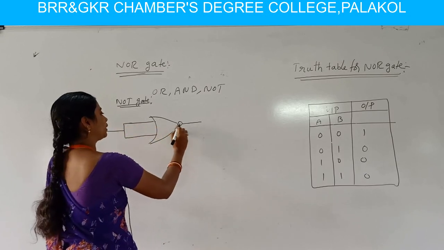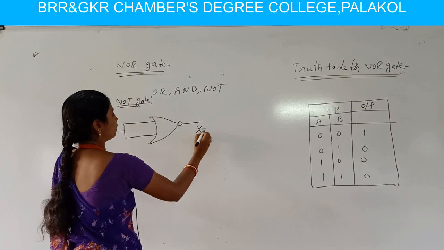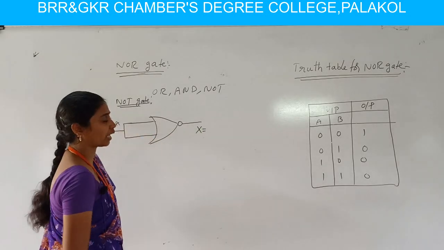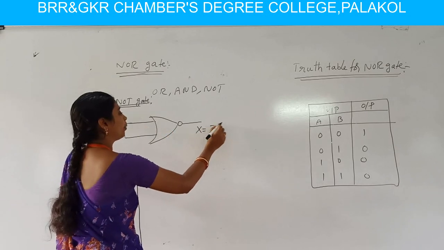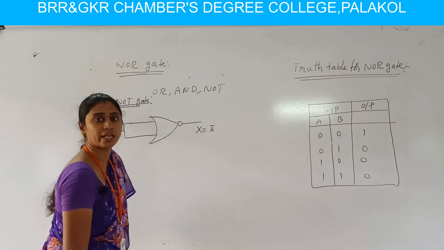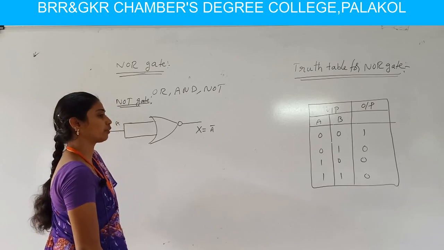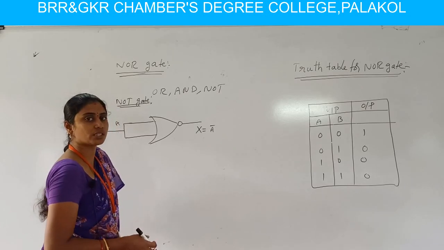Then the output X is equal to, considering the input as A, A bar, which is the operation of the NOT gate. In a NOT gate, whatever input we consider is inverted.